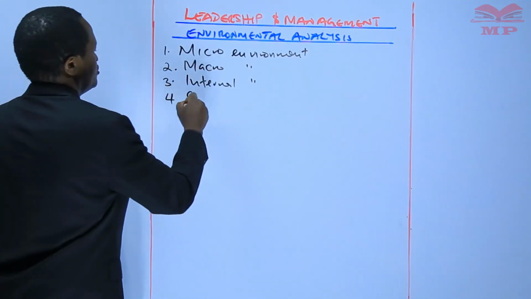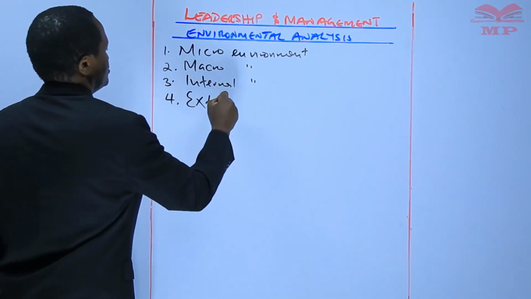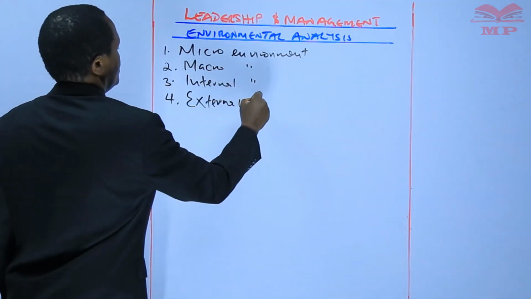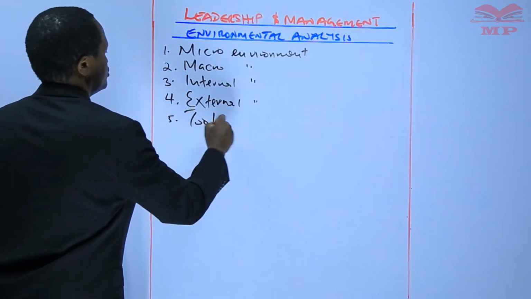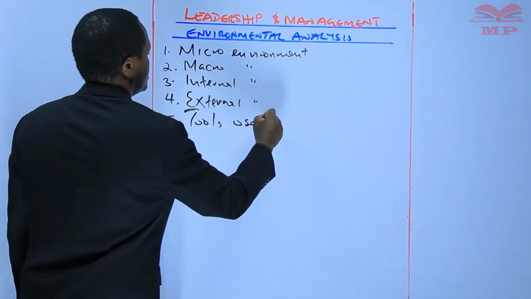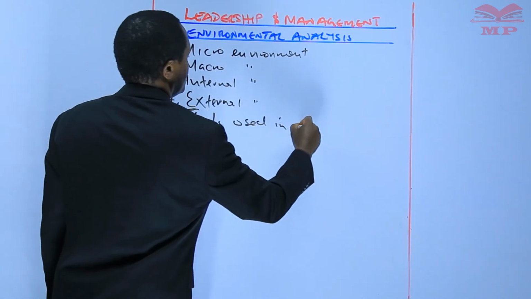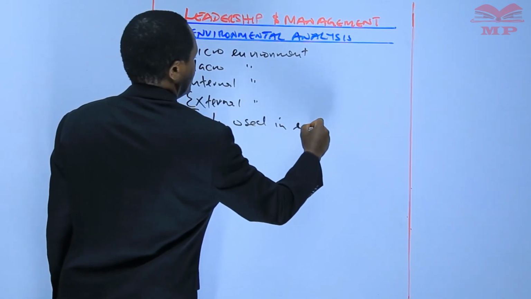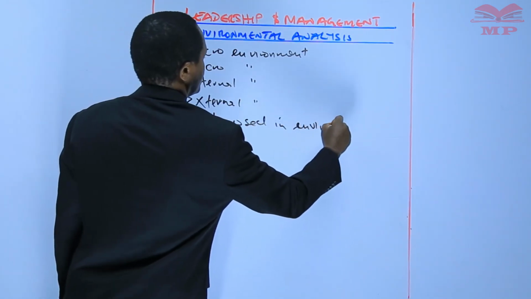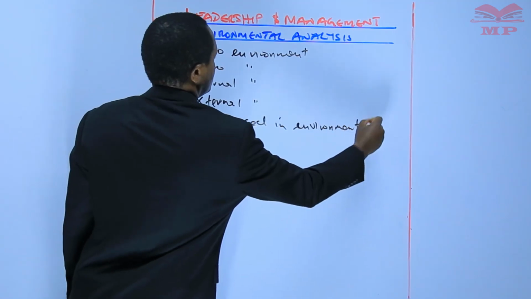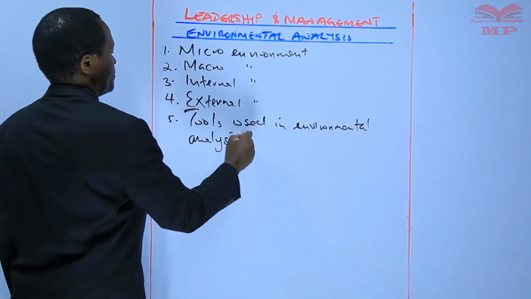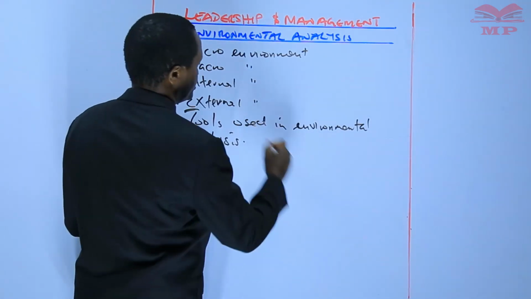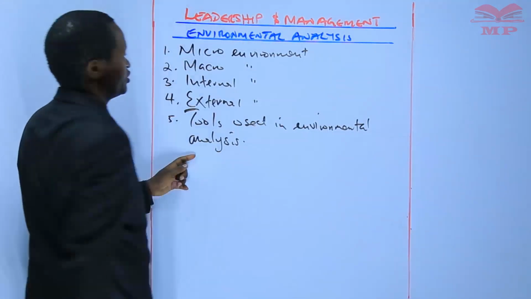Number 4, external environment. And lastly, tools used in environmental analysis.